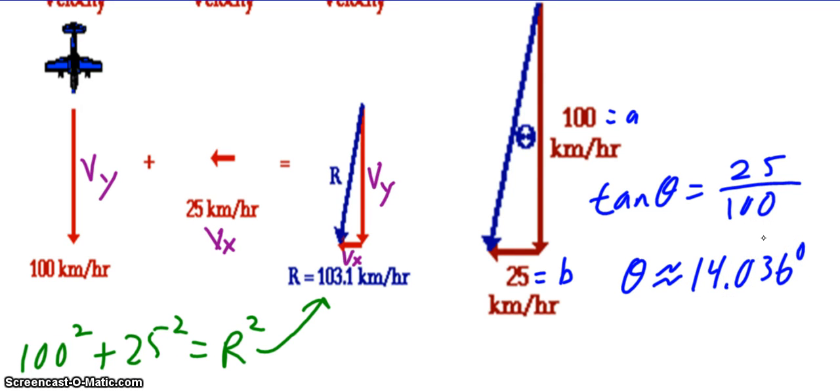Or you could answer it based off of the unit circle. Based off the unit circle, this would be 255.964 degrees because it would be 270 degrees minus 14.036 degrees. Okay, so this is how we can find the resultant if we have the components.